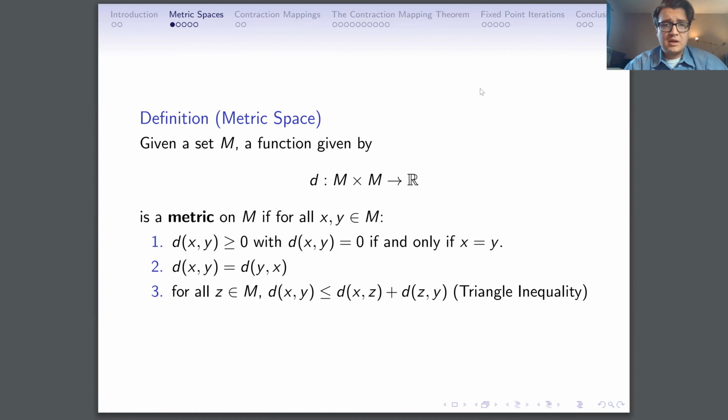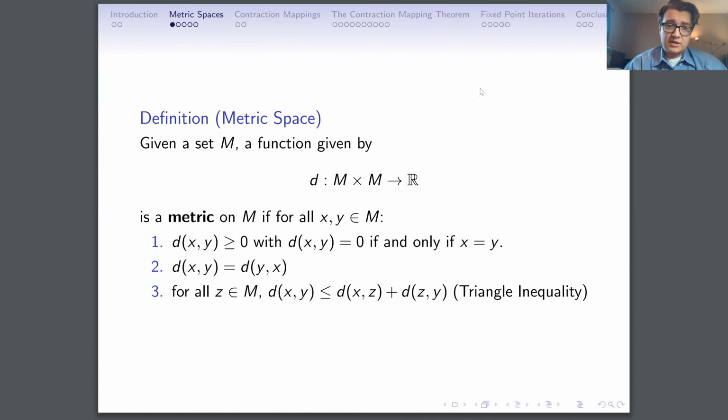So first, we want to define what a metric space is, right? So if you have a set M and some distance function d where you take 2 points in M and map it to R, this is a metric on M if for all x and y in M, the distance between these 2 points is greater than or equal to 0, with the distance being 0 if and only if these points are the same point, right?